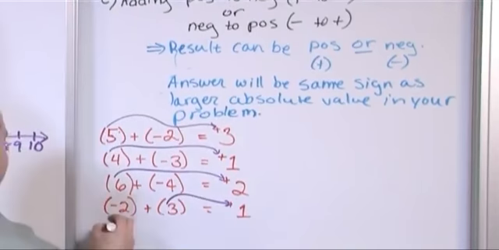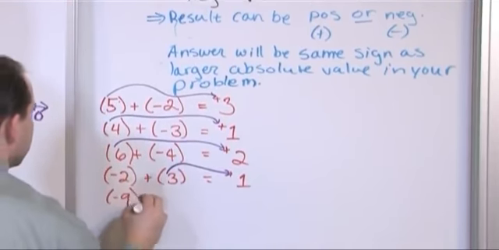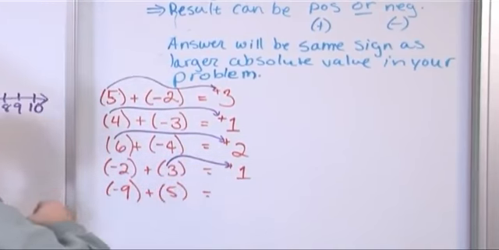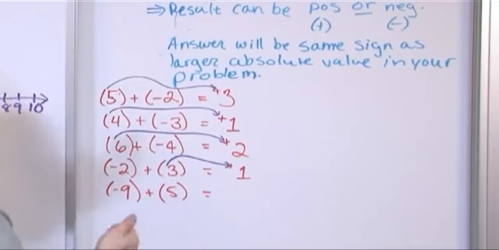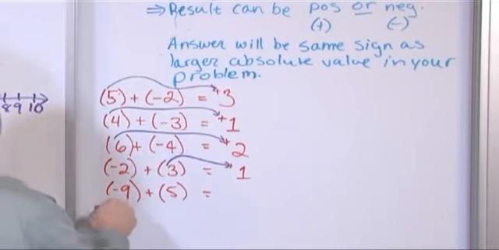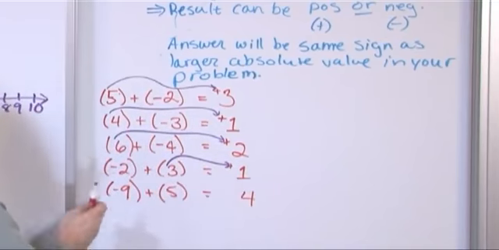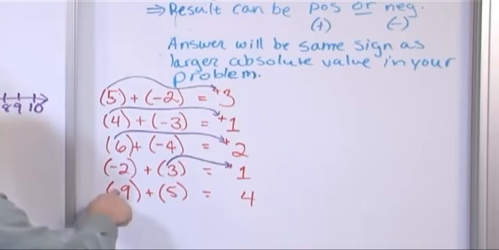Now if you had something like this, negative 9 plus positive 5, you're going to do the same thing. It's negative plus positive, so you have different signs, so you subtract. So you subtract 9 minus 5, which is going to give you 4. But see, the bigger number here, absolute value-wise, is actually negative because the absolute value of negative 9 is 9, and the absolute value of that is just 5.